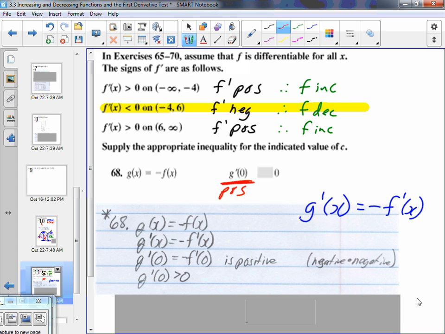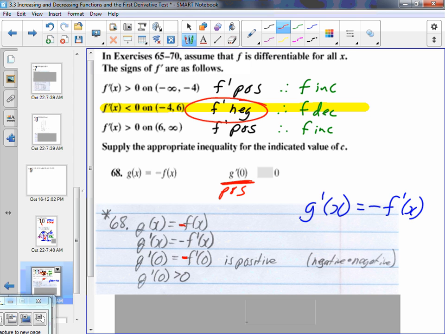They're expecting you to figure things out without knowing an equation. They gave us that negative. We look up here and we see that f prime is negative whenever x equals 0.